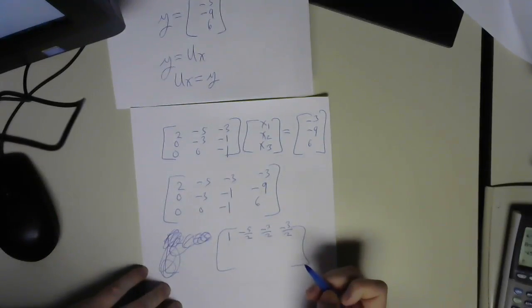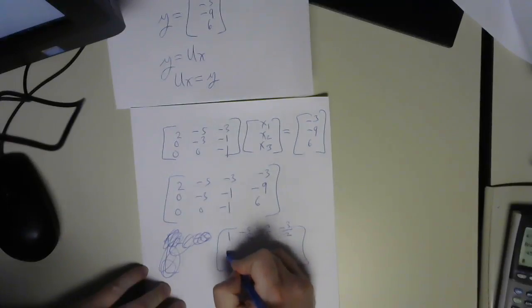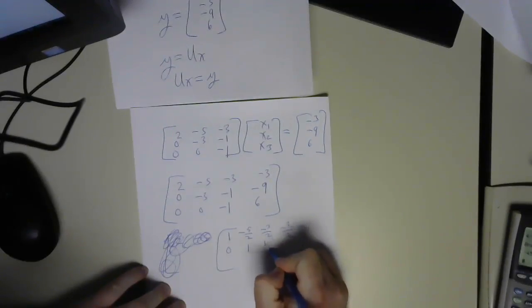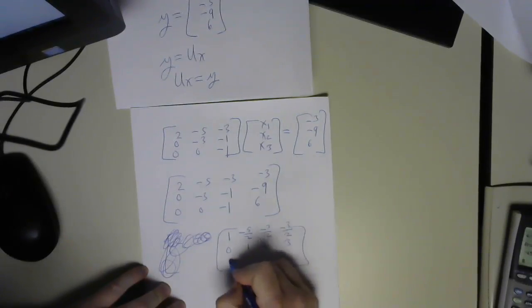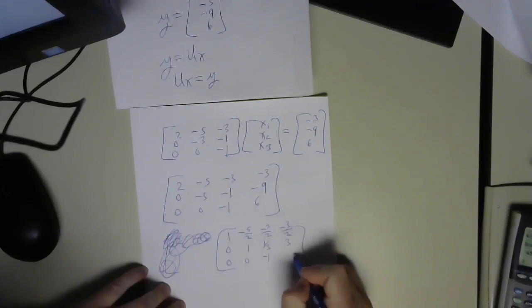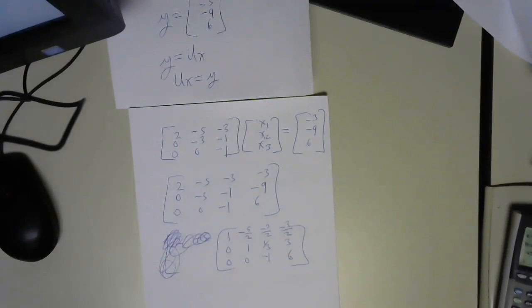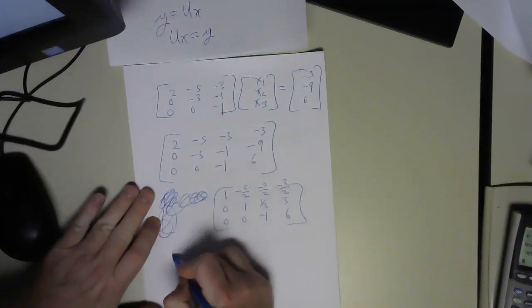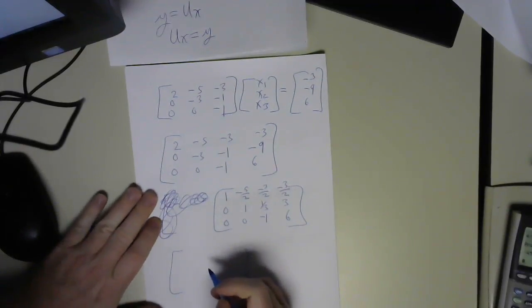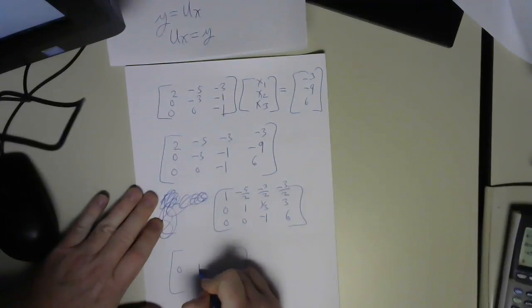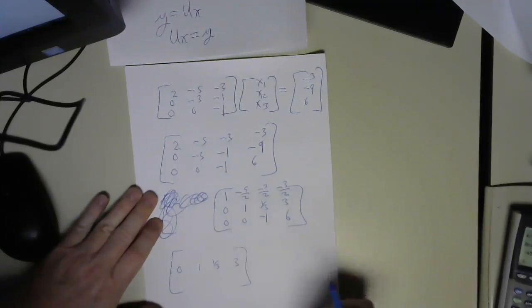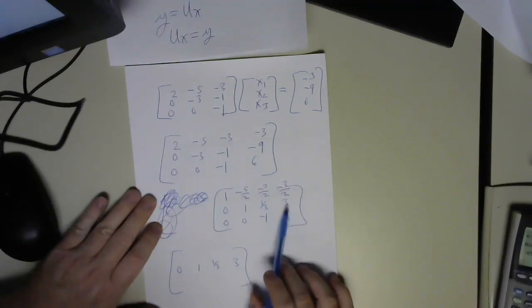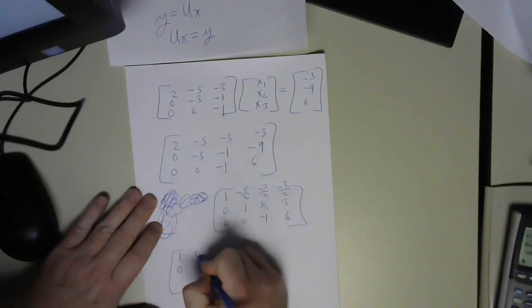And now we'll divide the second row by -3. Okay. Now let's get rid of that -5/2 up there. Just putting it in reduced echelon form. So I'm going to multiply the second row by 5/2 and add it to the first row.